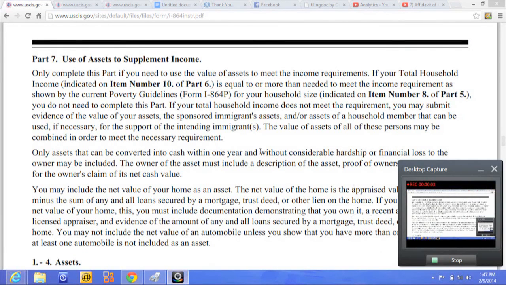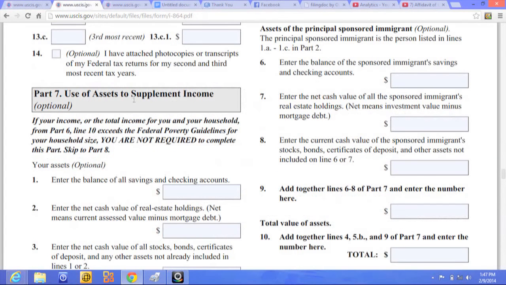Okay guys, we are now in part 7, use of assets to supplement income. So part 7 is optional. You don't have to do it if your income is enough.